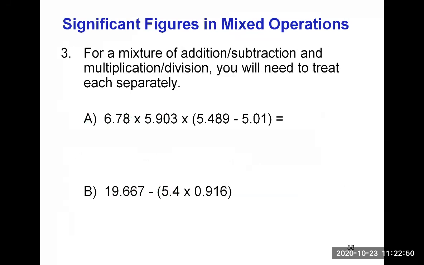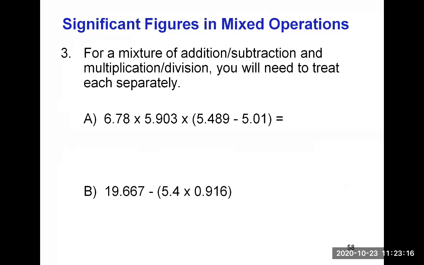So sometimes you have mixed operations within a calculation, which means you can have addition and subtraction to do, and then multiplication and division to do within the same calculation. And so because the rules are different for each, you need to treat each separately and do them in the order that we call PEMDAS.